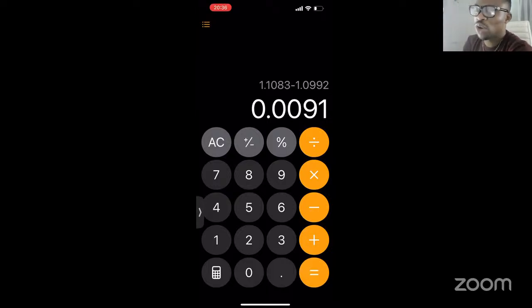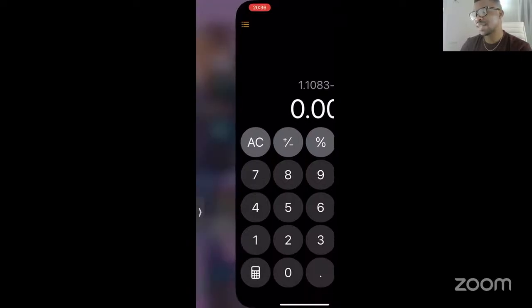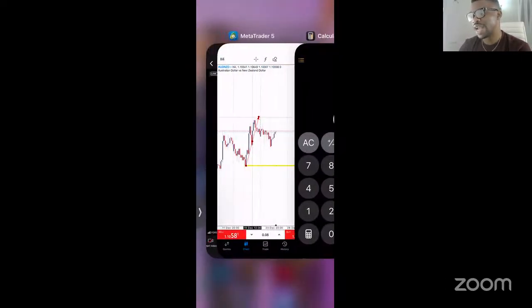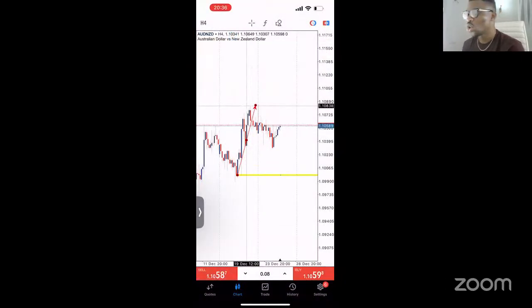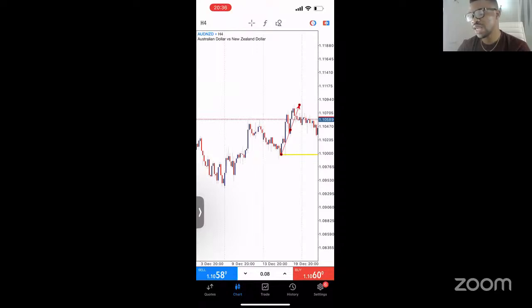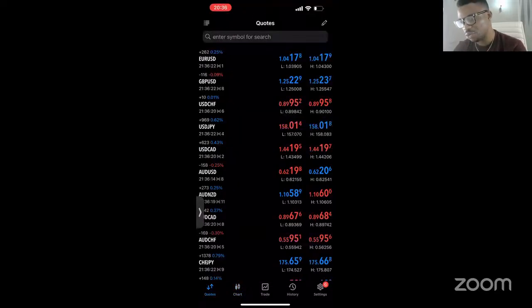So this is approximately 91 pips of movement. That asset last week moved 91 pips. That will inform your decision on which kind of asset you could choose. Mostly, this asset will not deliver what we are looking for.